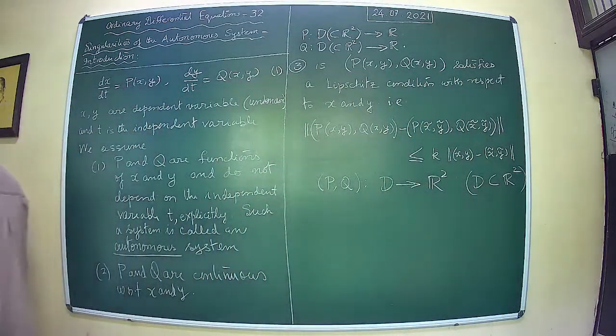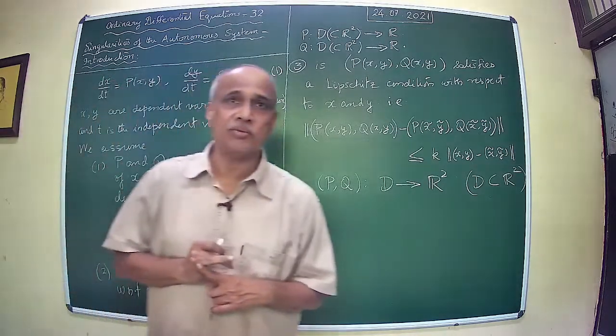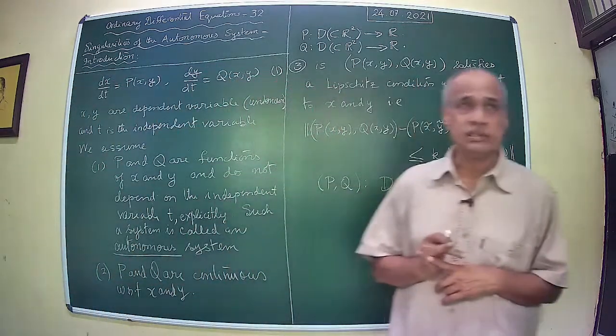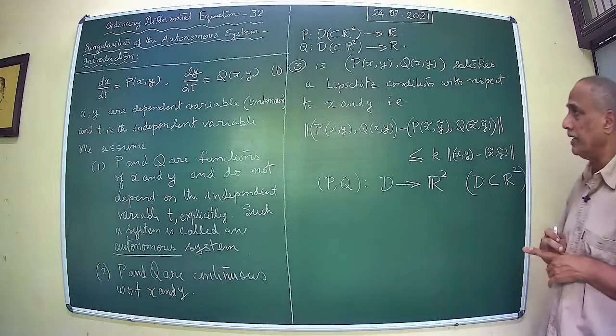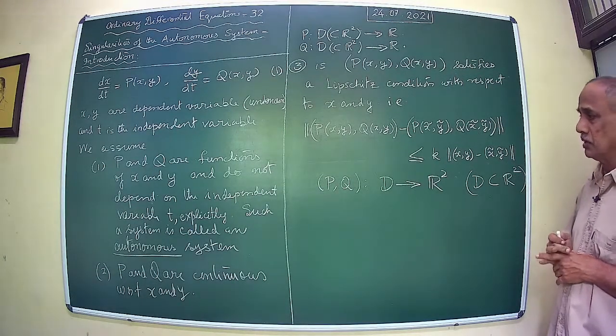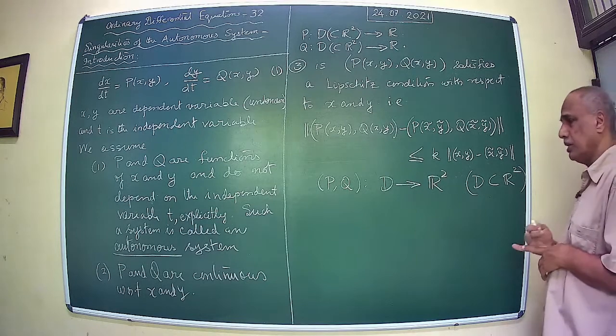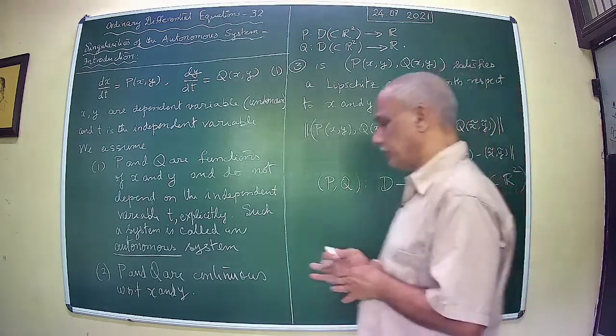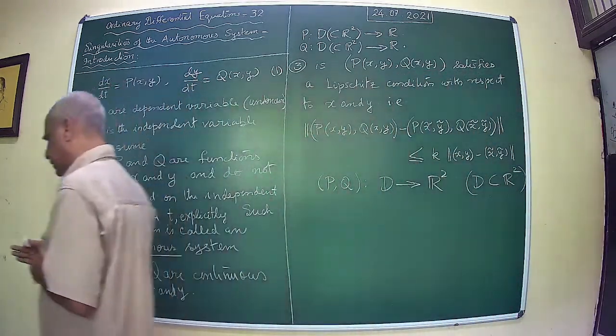So we assume the system is an autonomous system, by which you mean that P and Q are not dependent on the independent variable t explicitly, and then we assume P and Q are continuous, and we assume that P and Q are also Lipschitz with respect to x and y.